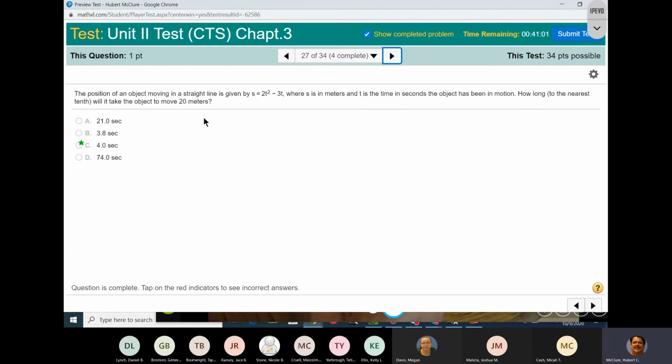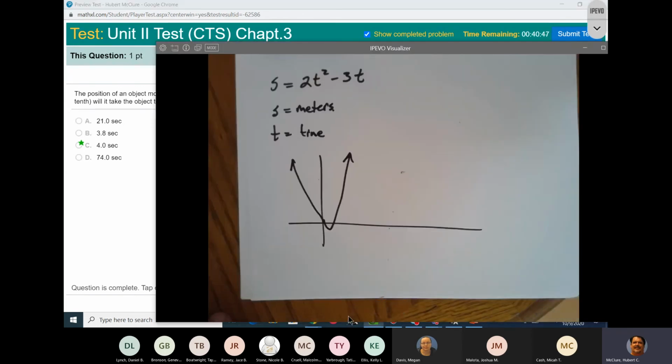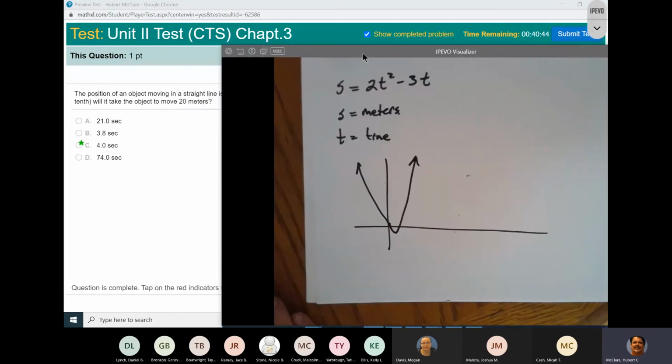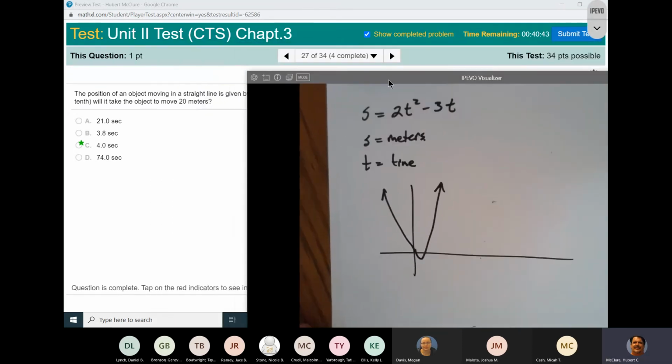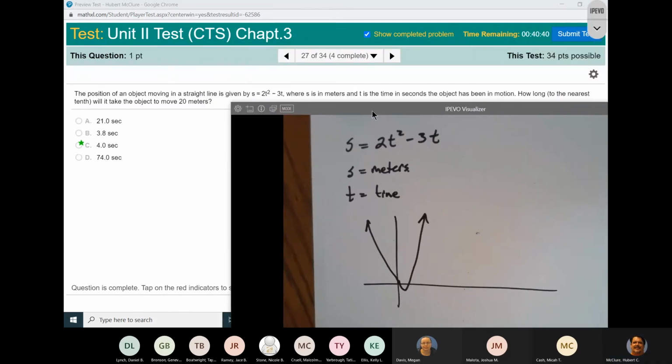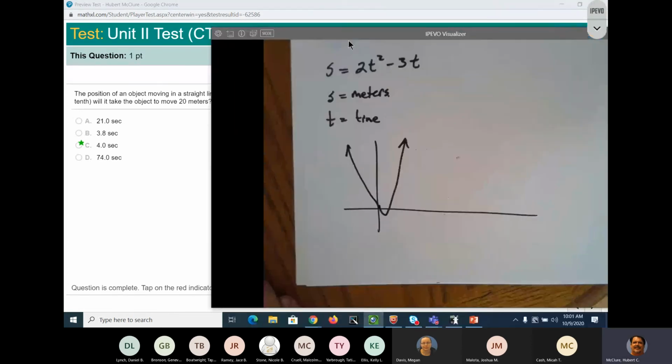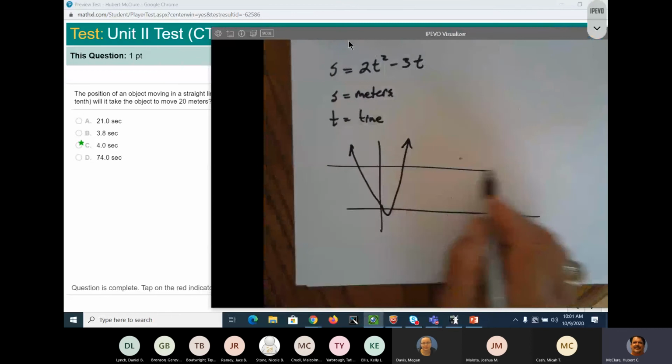S is 2t squared minus 3t, and you're going to set it equal to 20.